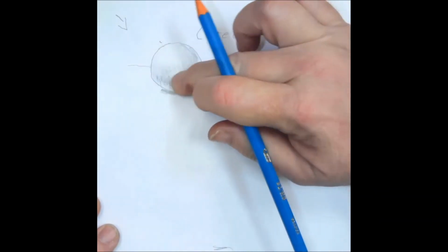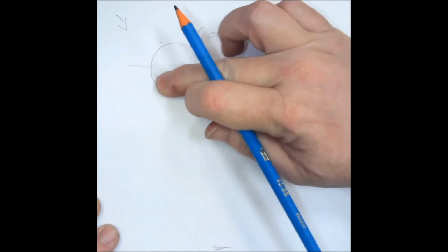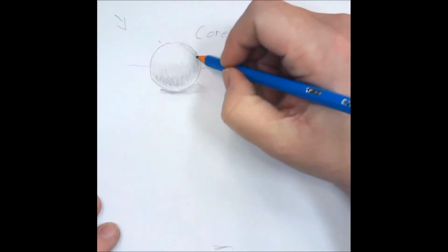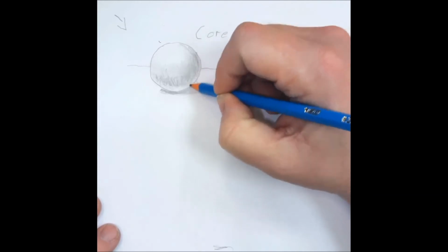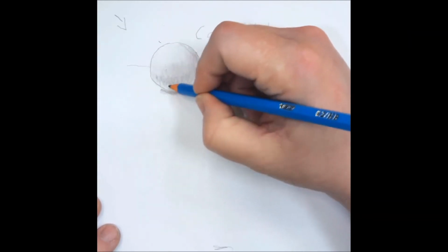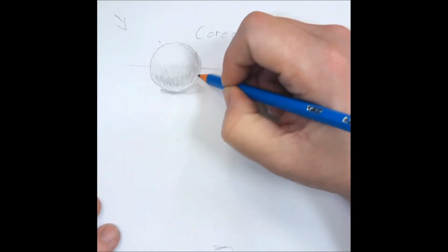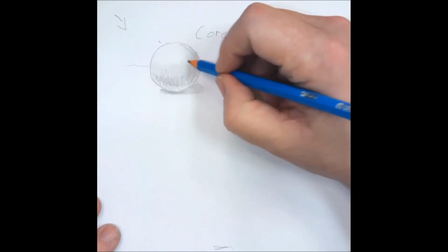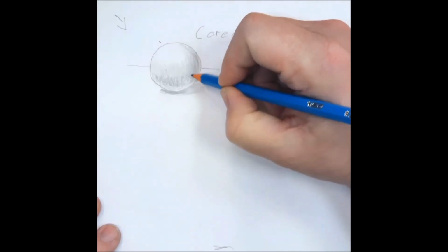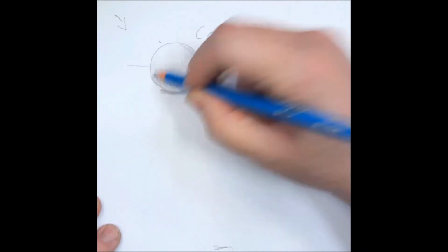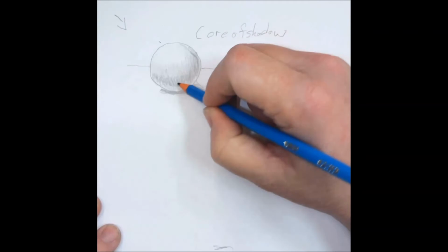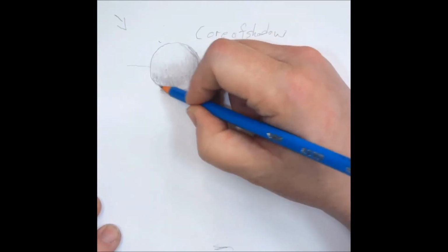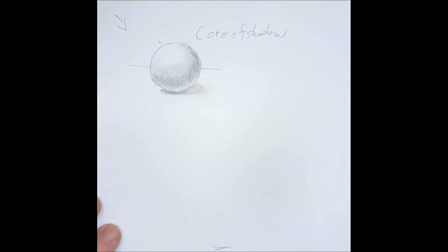And if you want to blend it, you certainly can. And then you can just go back and adjust it as you need to, adding more darks or taking away some of the pencil, the graphite. But that's pretty easy, right? So there I've got my sphere.